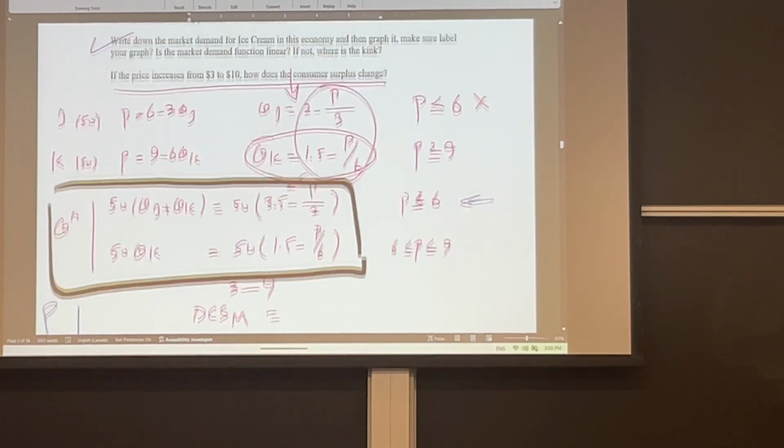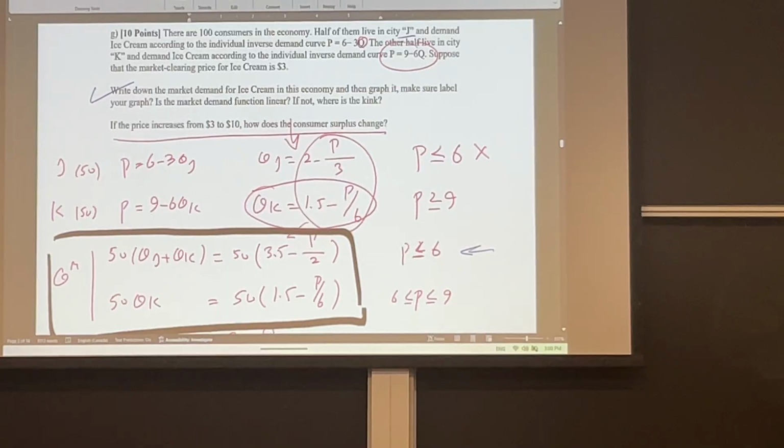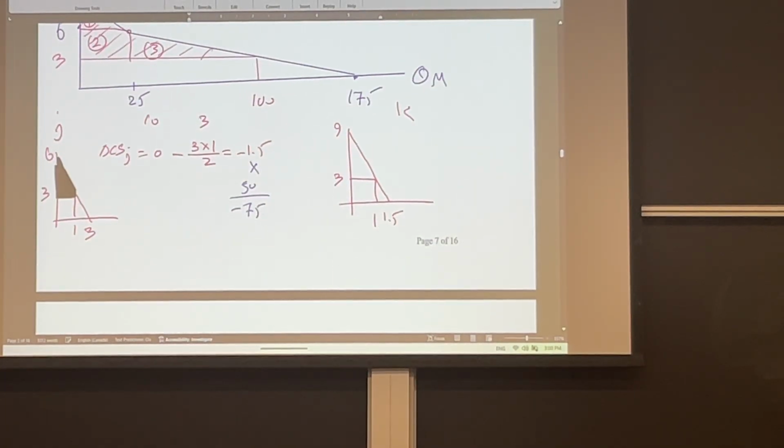Help me out. When the price is 3, what's the demand? 1. So that surplus all will be lost when the price goes to 10. The change in the consumer surplus for group K is that lost area, 6 multiplied by 1 divided by 2, which is minus 3.